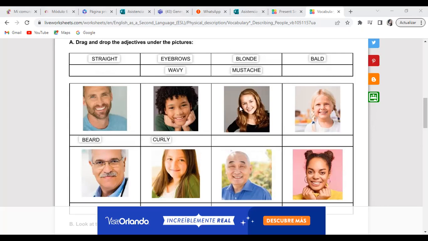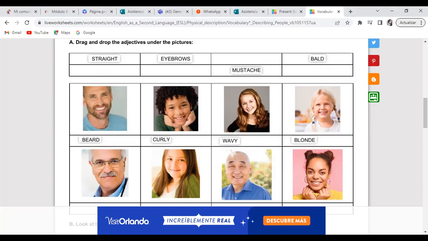Okay, Jorge and Arlette. The girl has wavy hair. And what about the little girl over here? What can you tell me about her? She's blonde. All right. Es rubia. She's blonde. Yes. Very good.